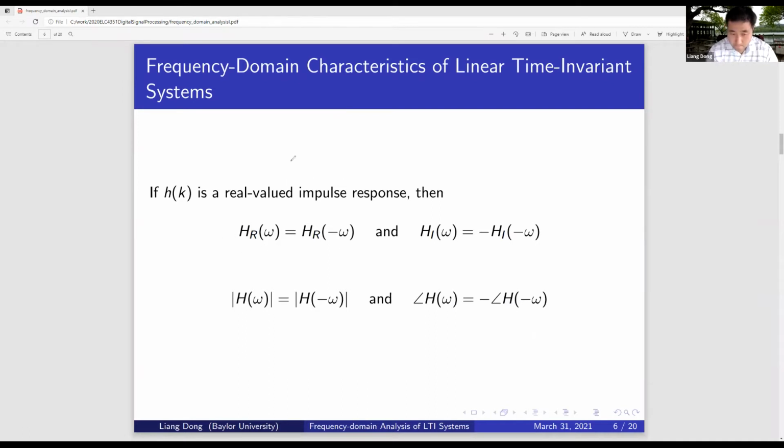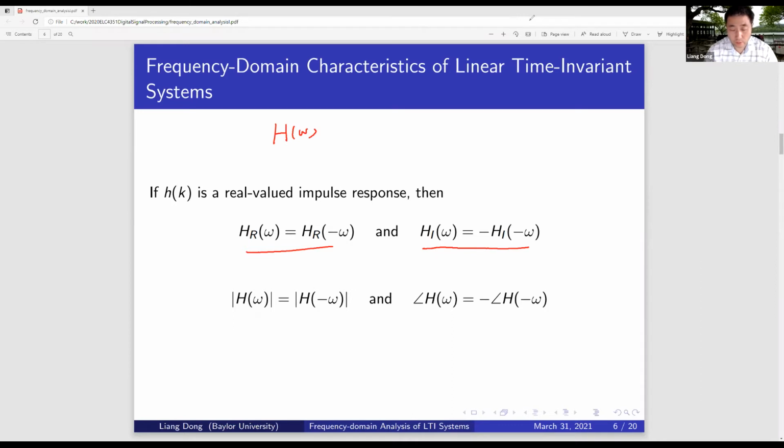Then the system response, the real part is even symmetric, and the imaginary part is odd symmetric around the origin. Well, how to prove that? Very simple, as we said before.